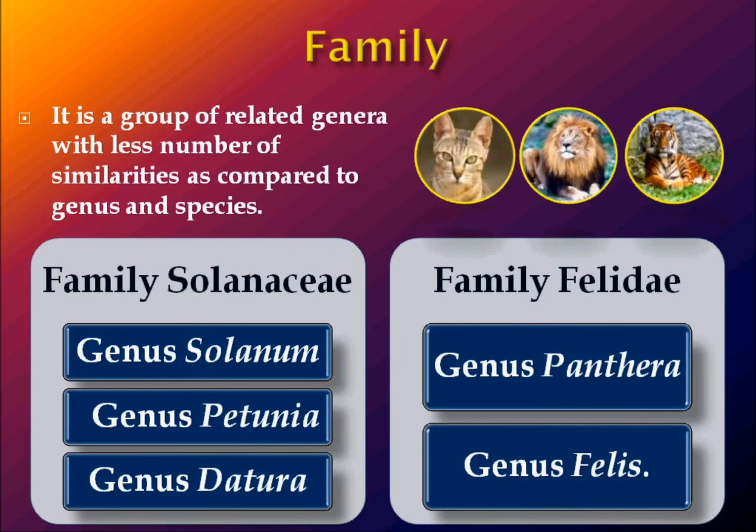So we see here that family Solanaceae will include genus Solanum, genus Petunia and genus Datura. So this is a family of plants. And here we see the family of animals, which will include genus Panthera and genus Felis. Means cats and tiger, lion, they will belong to a single family, Felidae.